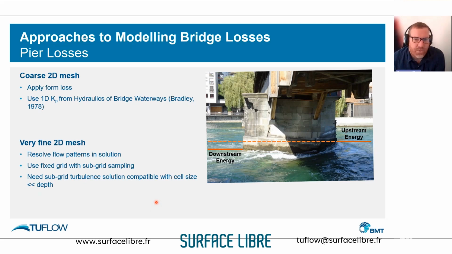The other way of doing it is to model the piers explicitly within the 2D mesh. With things such as Quadtree, we can now nest down the grid resolution, so we can start to model some of the details of the piers by representing them explicitly. It is quite difficult to do with a fixed grid scheme, but with Quadtree and also subgrid sampling, it helps quite a bit.